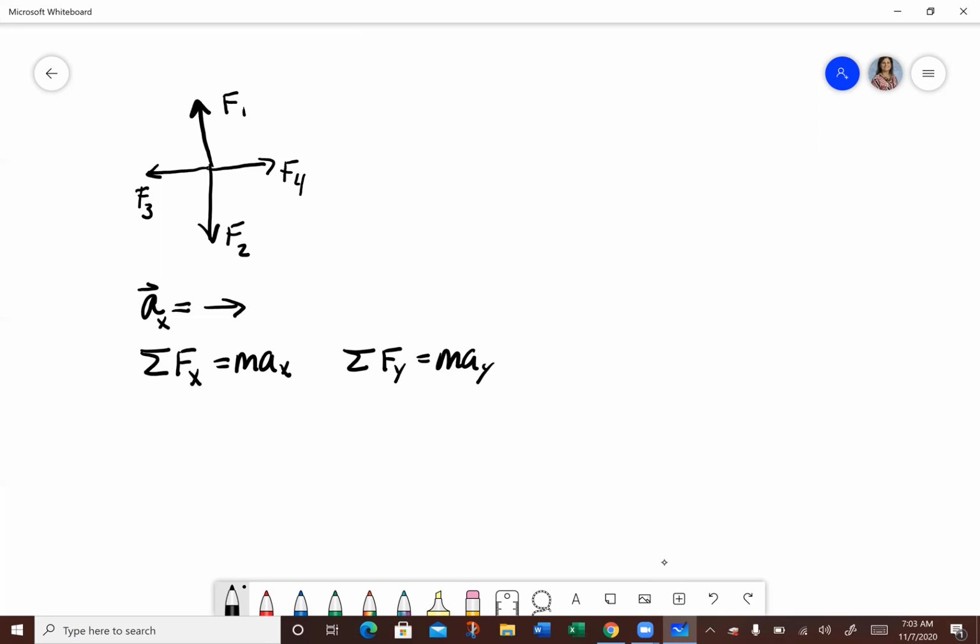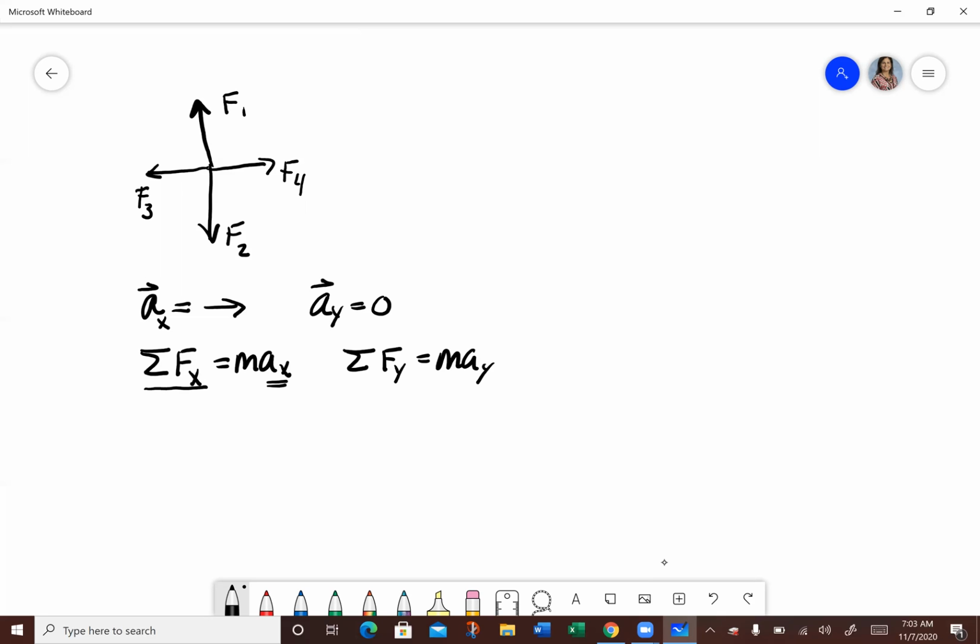We have an acceleration in the x to the right, which means your acceleration in the y is 0. In order to have an acceleration, that simply means you have to have an unbalanced force over here. They can't add up to be 0.